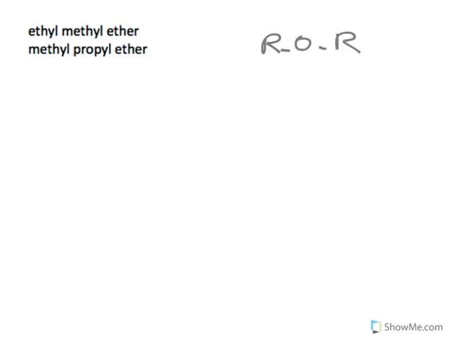So when I see methyl ether, this is methyl, and this is an ethyl group. So methyl, ethyl. When I name this, of course, the E is pronounced before the M.